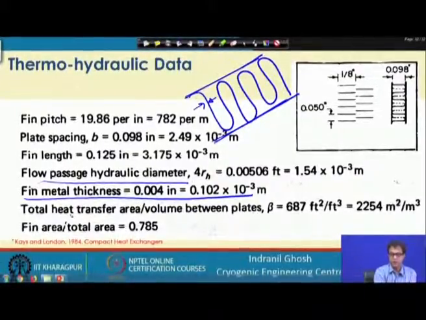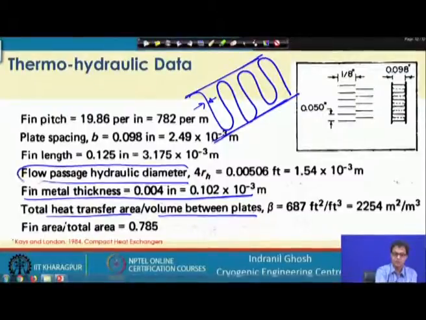The heat transfer area to the volume between the plates is also known, and we also know the flow hydraulic diameter. This hydraulic diameter we basically estimate in terms of the free flow area, the heat transfer surface area and the length of the fin.